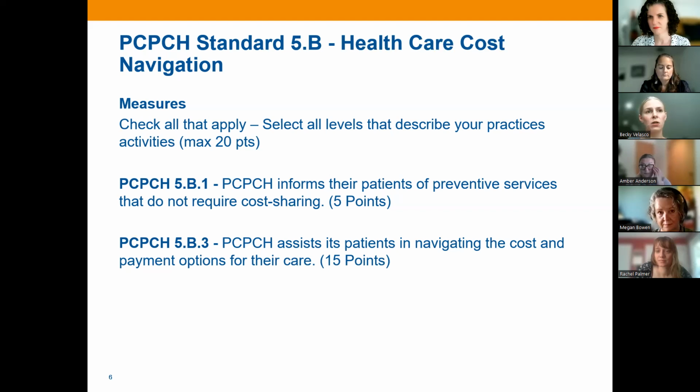Excuse me, I misread that. It's 5B3. This measure is worth 15 points. And 5B is a select all that applies standard, which means practices can attest to both measures and earn a maximum of 20 points.